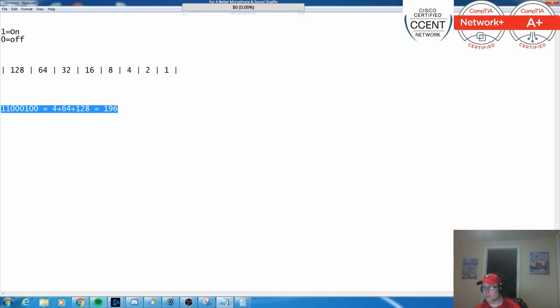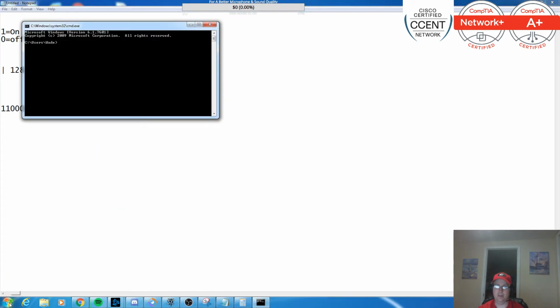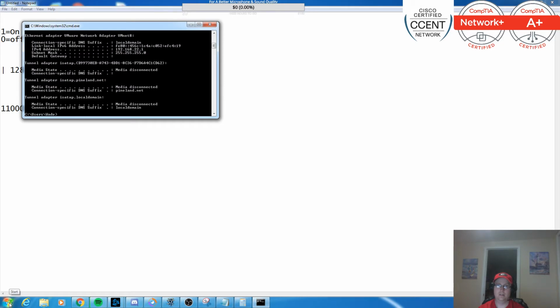So the best thing I can tell you is be able to convert IP addresses. If you want to go to your computer and look at your IP address, in this example, let's just go with the command line, ipconfig, and we got here my IP address 192.168.22.1.